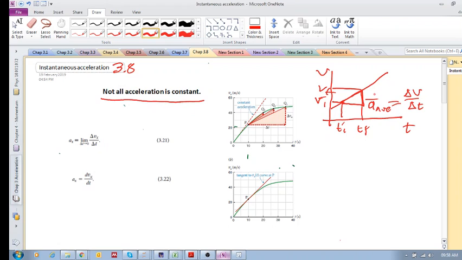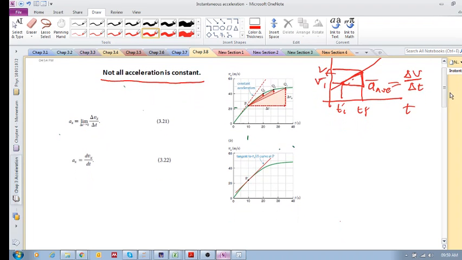Basically, the idea is that acceleration is the slope of this curve. Because there was a constant slope, we could get away using an average acceleration, which is delta v over delta t, because any acceleration in between here would be the same.